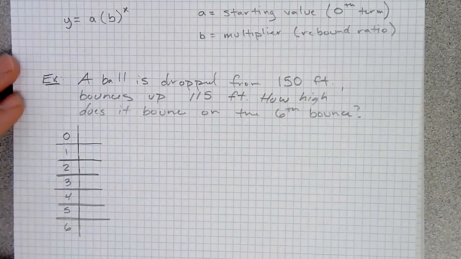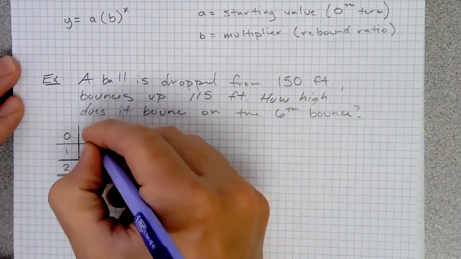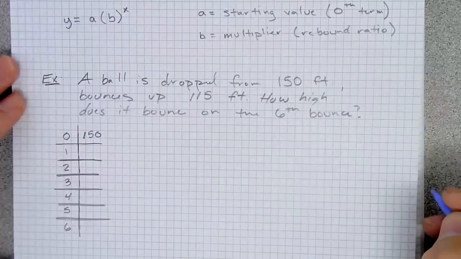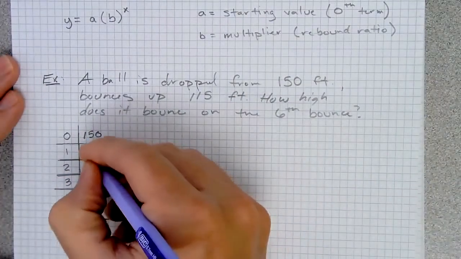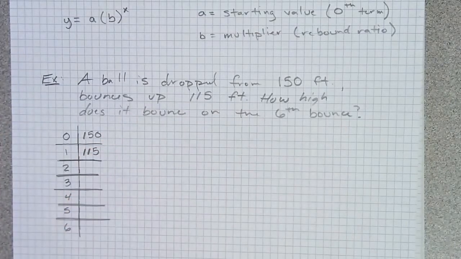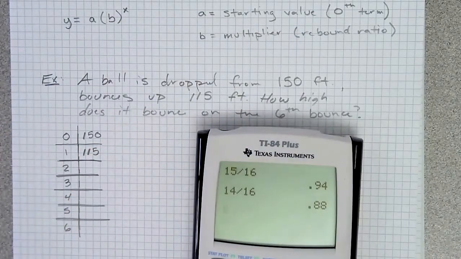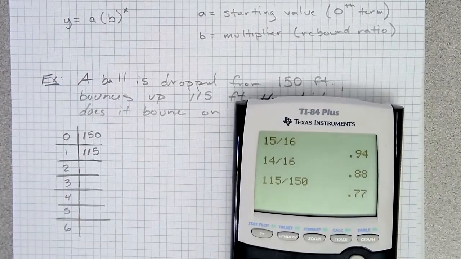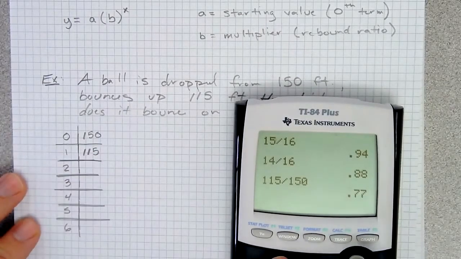It's doable. Start at 150. We know the next bounce is at 115. Okay, so we need to find our multiplier. Okay, let's just call it 0.77. Well, it's probably rounding.